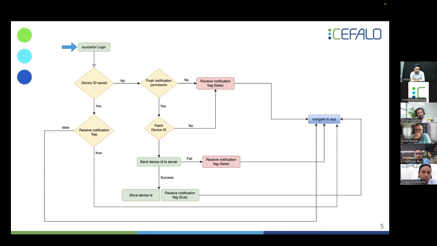This is about how we presented and validated our ideas regarding push notification permission, because our product is an iOS app, and for an iOS app, it is mandatory to receive push notification permission from the user end. So we tried to validate all the scenarios here using a UML diagram. Using this UML, we were able to define all the possible scenarios, and then later on we jumped into the implementation part.